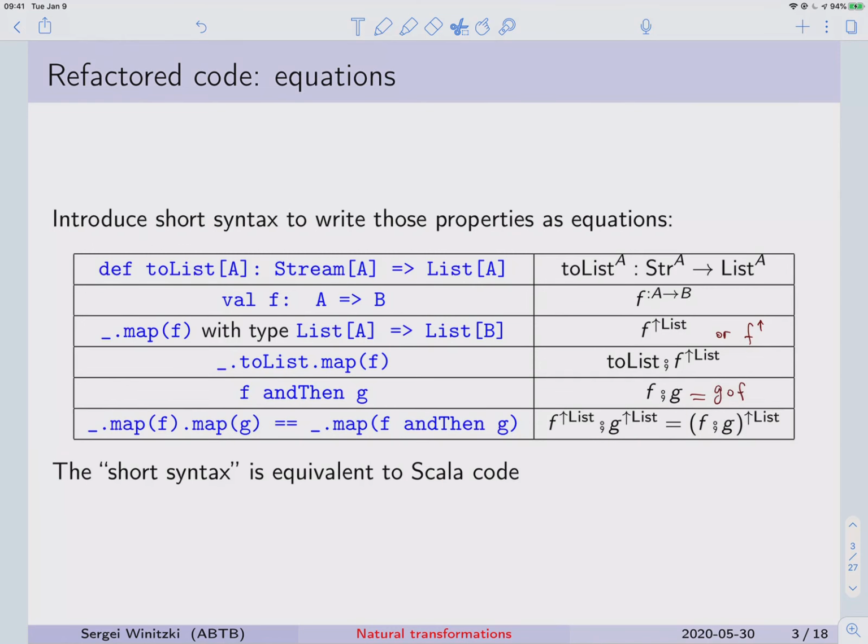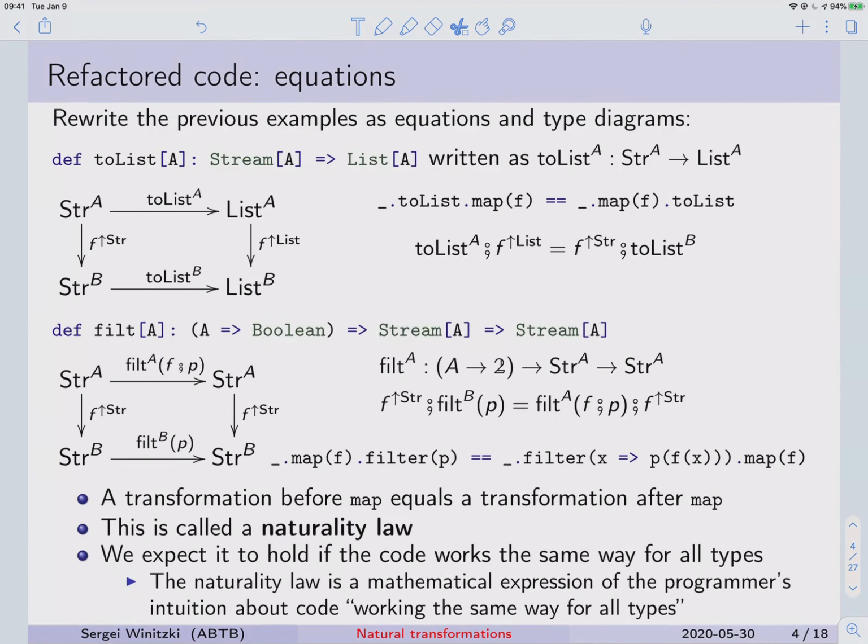Now, using the syntax, we can write the previous examples. The toList function, which had this type signature, is written like that.